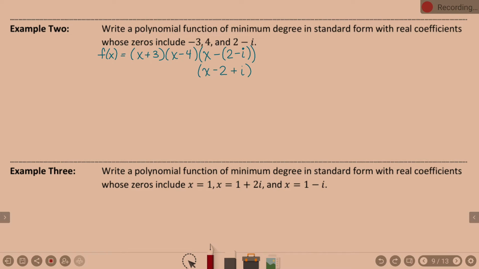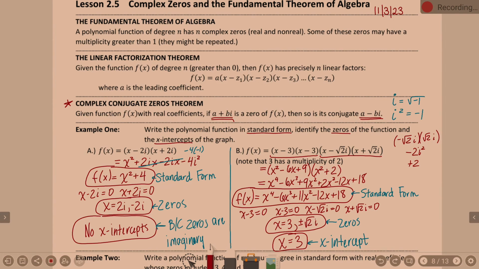Technically, I already told you when we talked about our 3 theorems at the top of the page. Oh, we have to have a minus bi. So, complex conjugate zeros theorem: if a plus bi is a 0, then a minus bi is a 0.